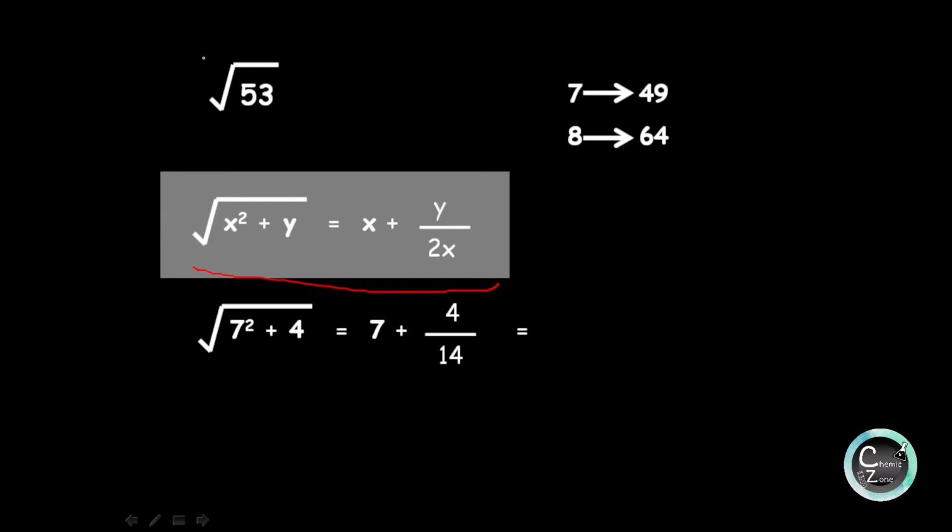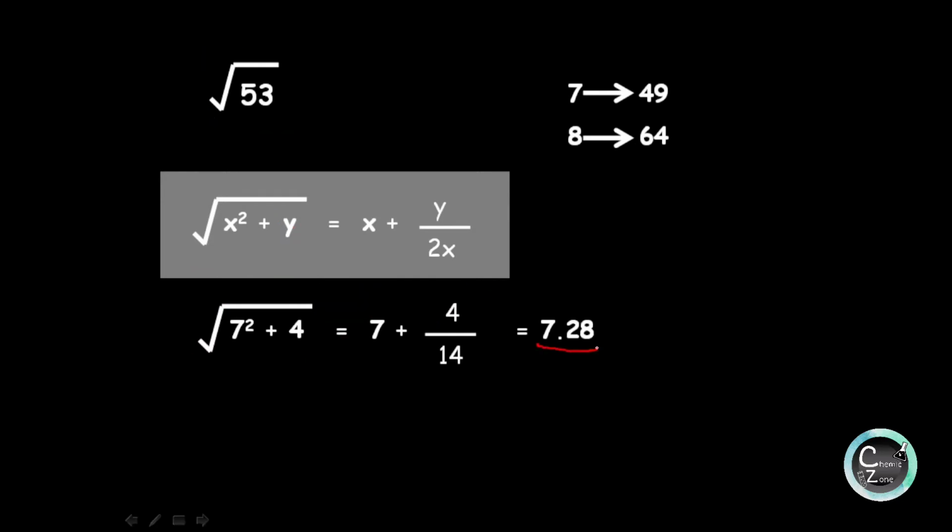So we can write it like this, where x is 7 and y is 4. Now using this formula, with x as 7 and y as 4, 2 into 7 will be 14. By simplifying this, we will get 7.28.